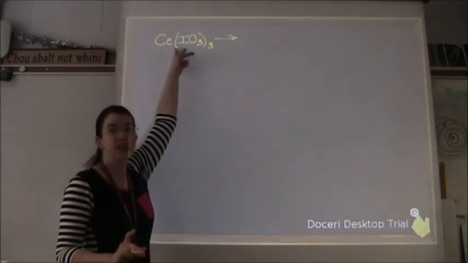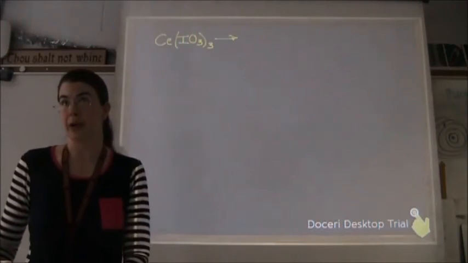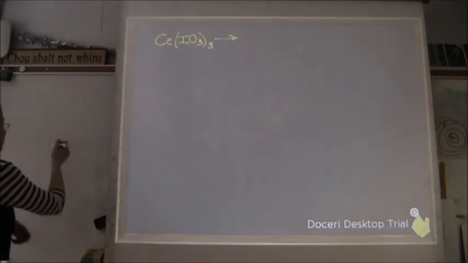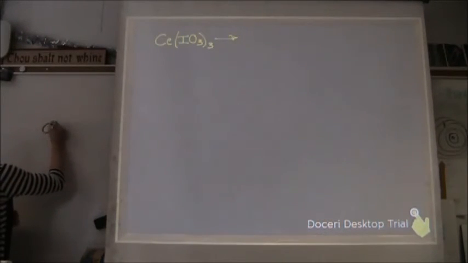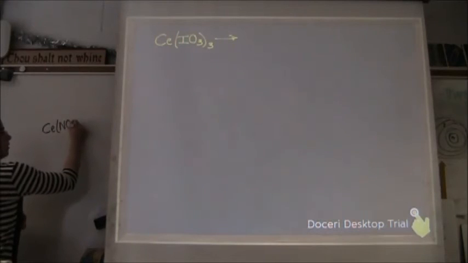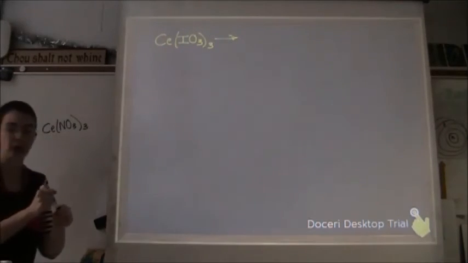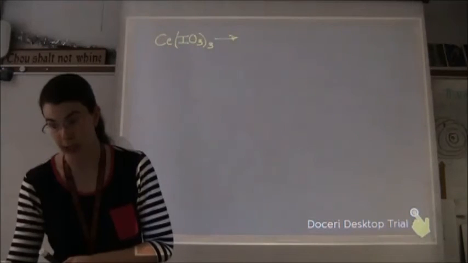Now, neither one of these are we particularly familiar with. Cerium. There was another compound that had this formula. Can you tell me what cerium's charge is? It's +3. Nitrate is -1, and we know that one. Right?